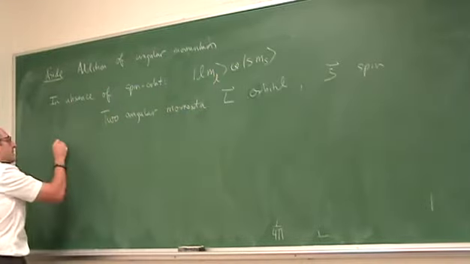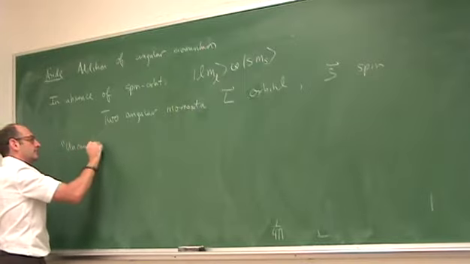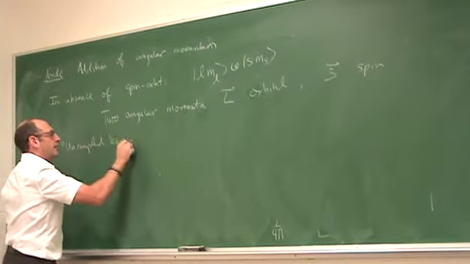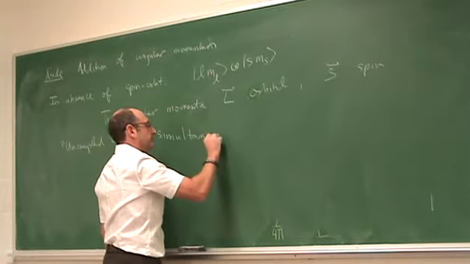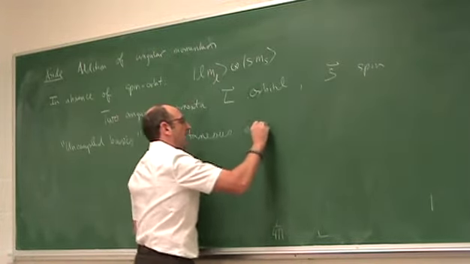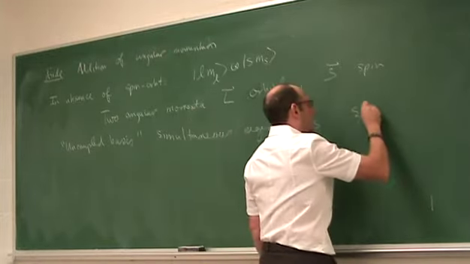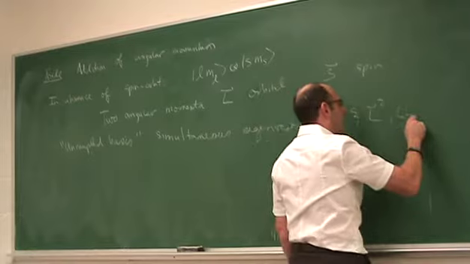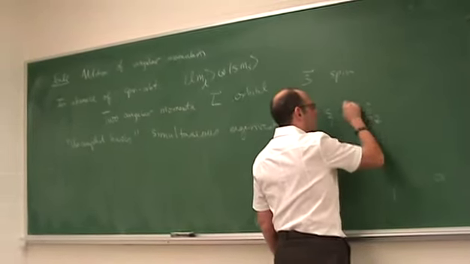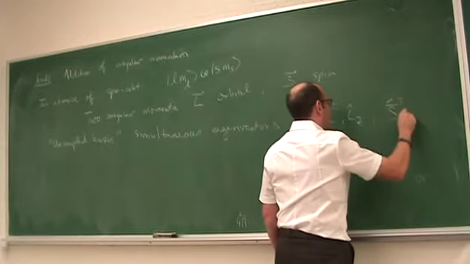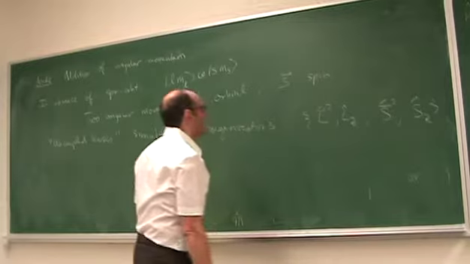We have the so-called uncoupled basis, in which we have the simultaneous eigenvectors of L squared, L Z, S squared, and S Z. That's this basis.